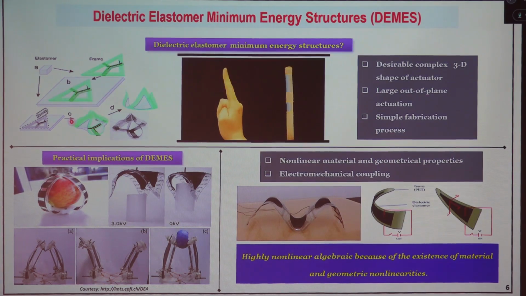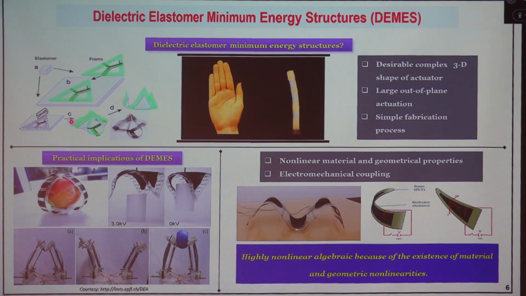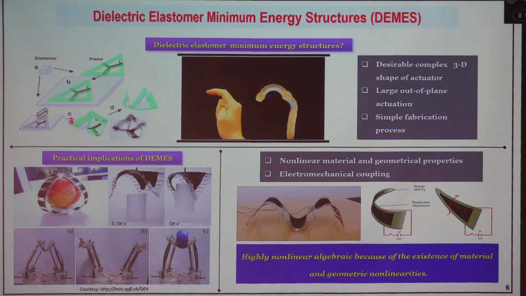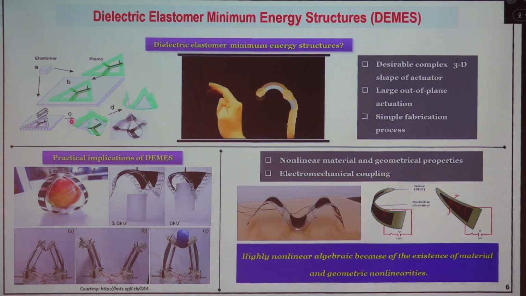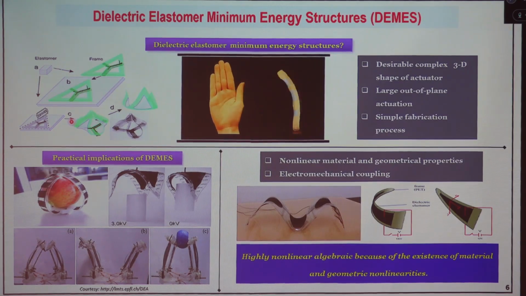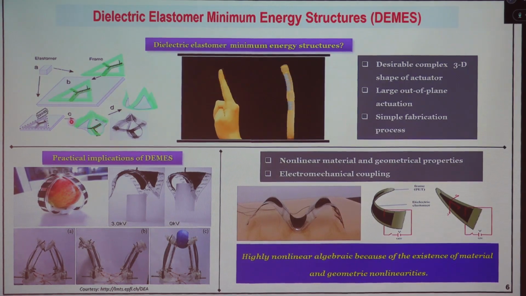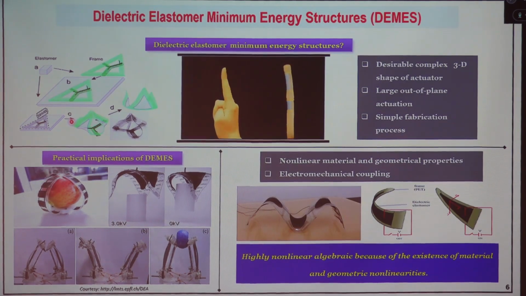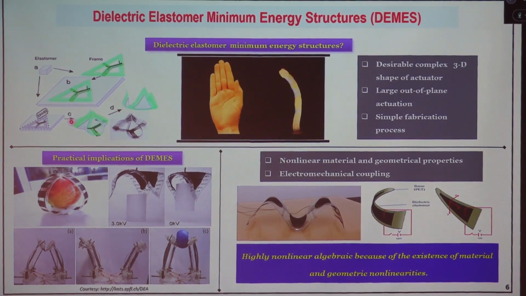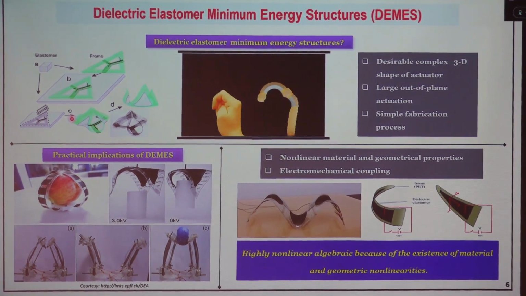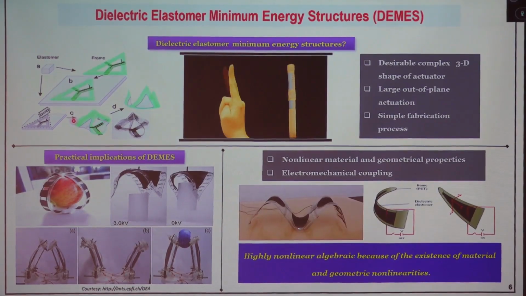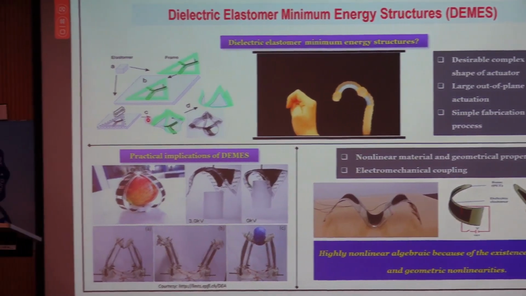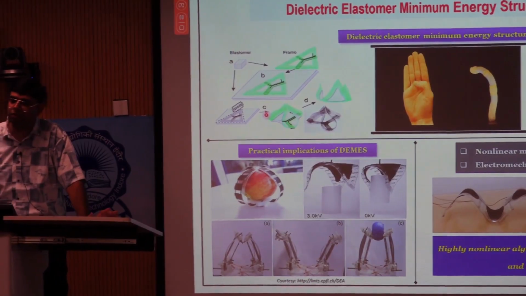It will not exactly go back to its original configuration, but it will open up to some extent. How much will it open? Until the energy is again minimized. That configuration is called the final or actuated minimum energy configuration. So there are two minimum energy configurations in a dielectric elastomer based minimum energy structure. The first is the initial configuration when no voltage is applied, and the second, when the voltage is applied, is called the final or actuated minimum energy configuration.